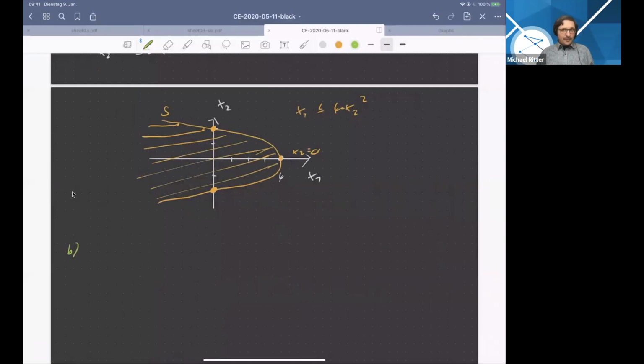Is that an open set? Well, if it was an open set, it would be equal to its interior. So it would contain all of its interior points and just those, no other points. In this case, it's easy to say that this is not true.